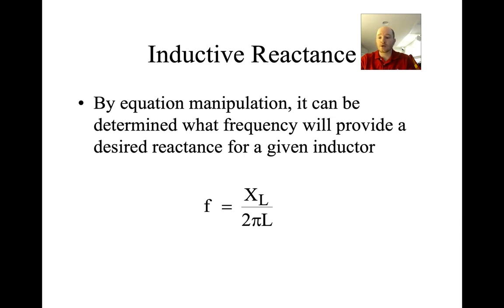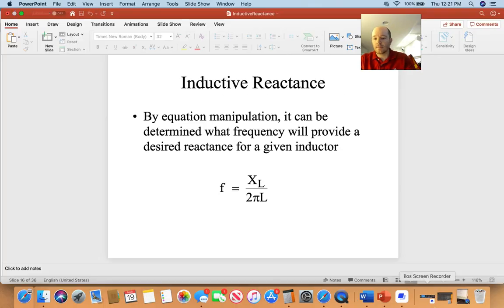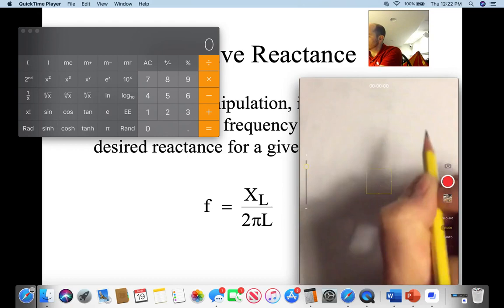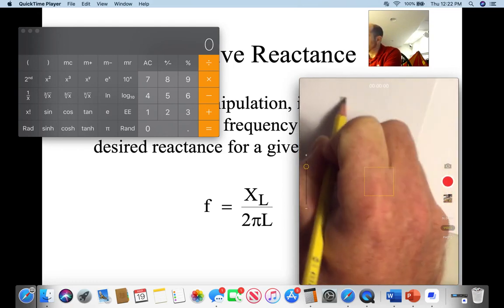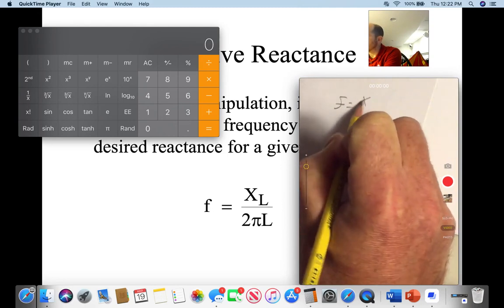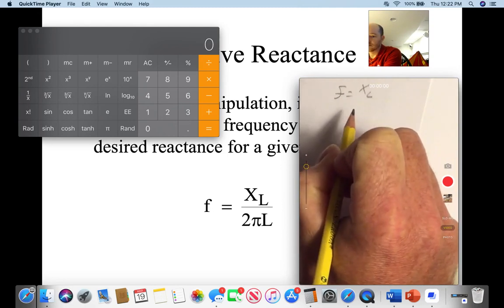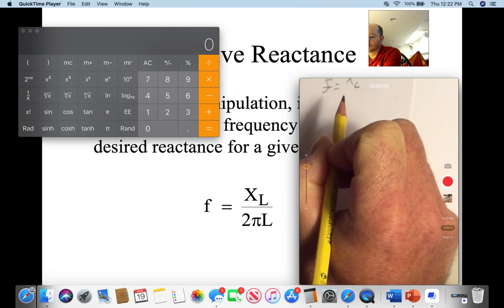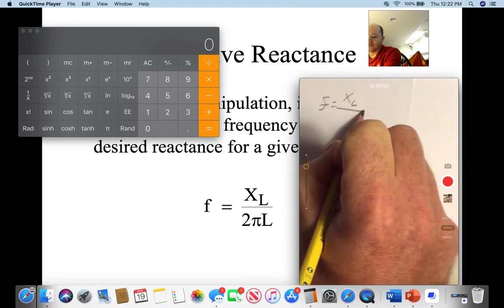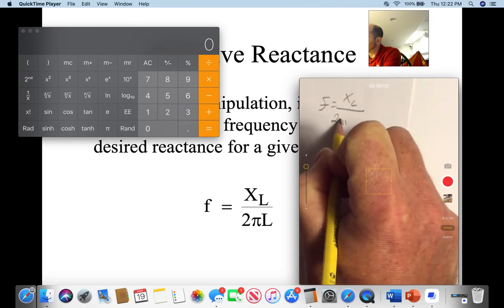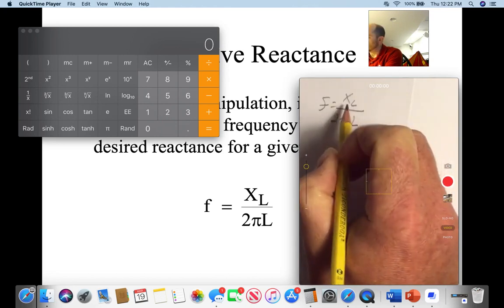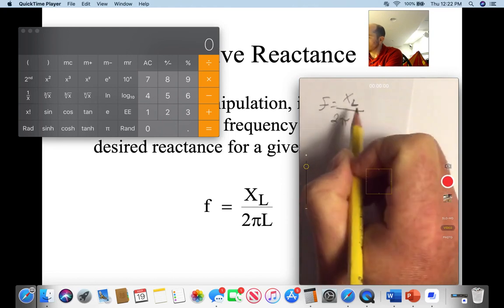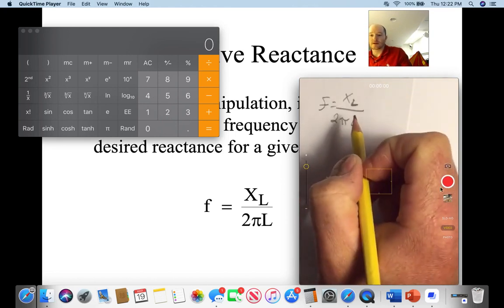My new formula is F equals X of L divided by 2 pi L, okay? This would be our new formula, and let's go ahead and give it a shot.